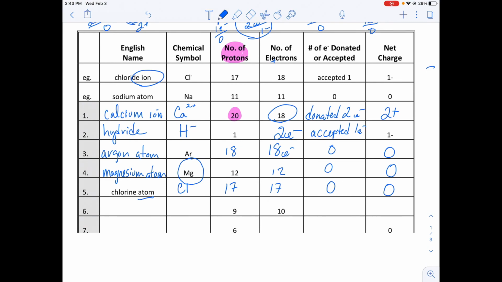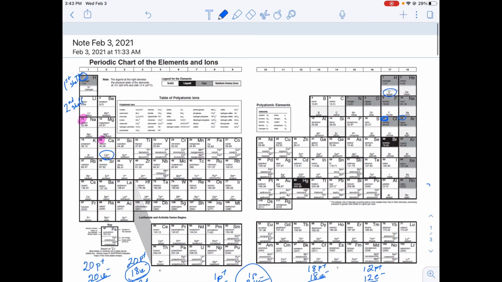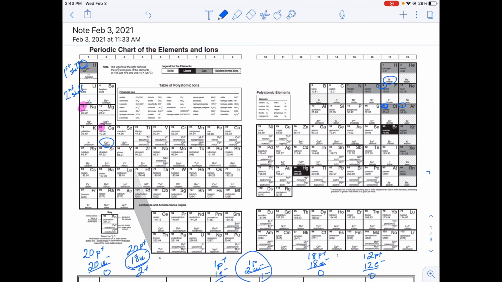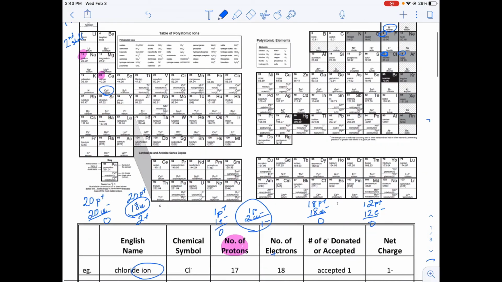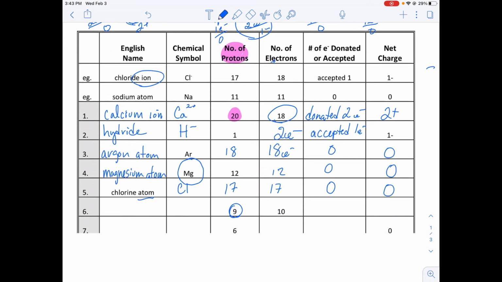So we've got 2 more examples to show here. If there are 9 protons, then that means that it is the fluorine atom or ion. It has 9 protons, but it has 10 electrons. So you're going to have 9 positives and 10 negatives. I have 1 more negative than positive.